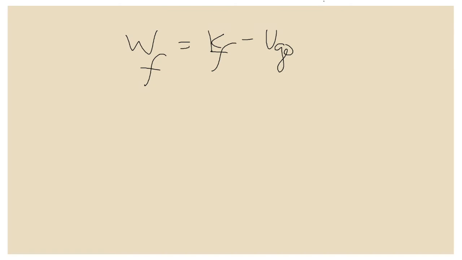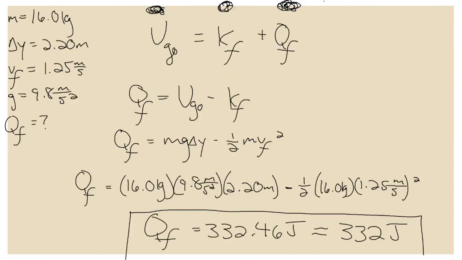And that's it. Notice that equation says K final minus gravitational potential initial. Final kinetic minus initial gravitational potential. And this equation for the heat was initial gravitational potential minus final kinetic.